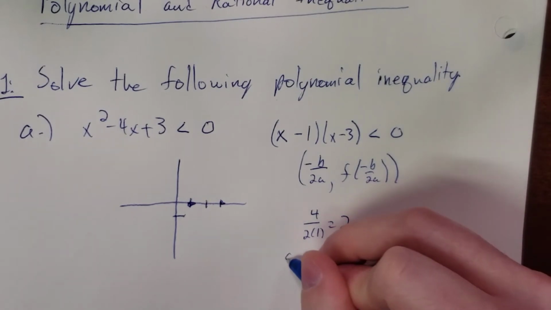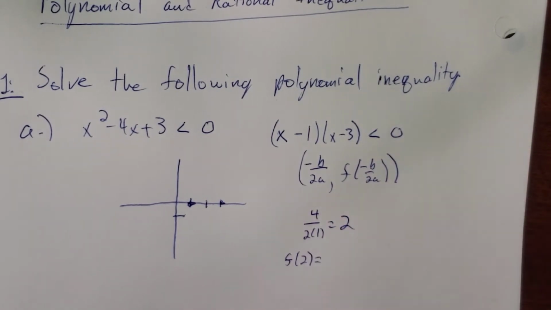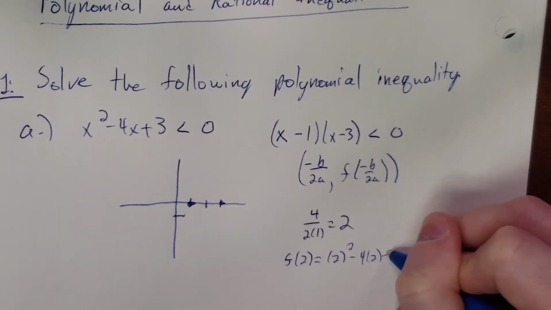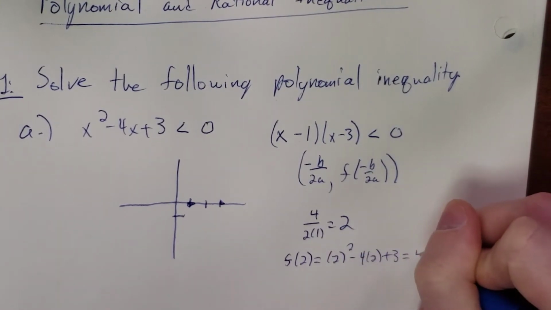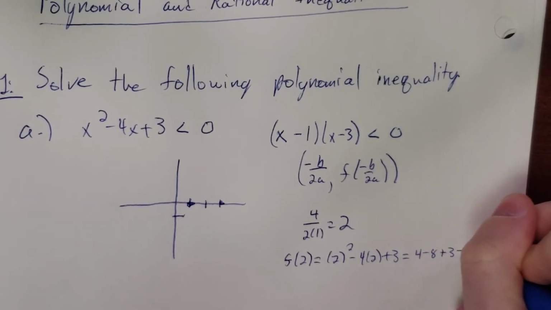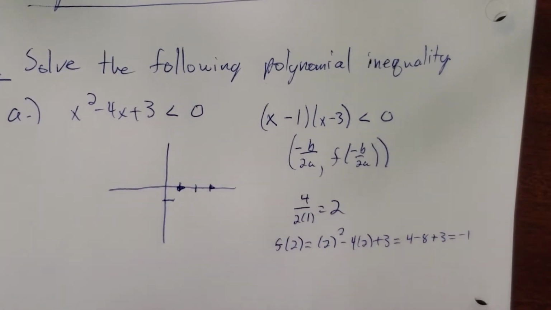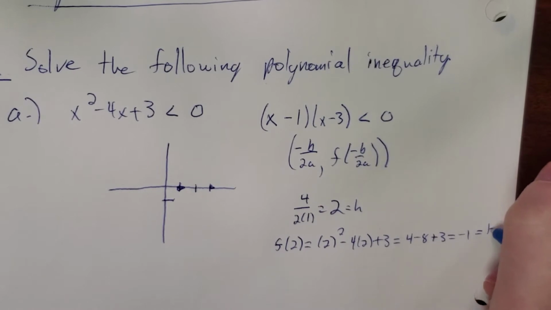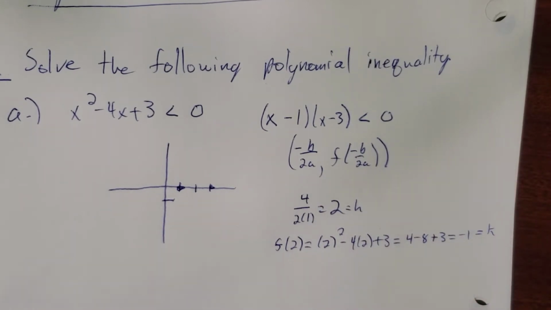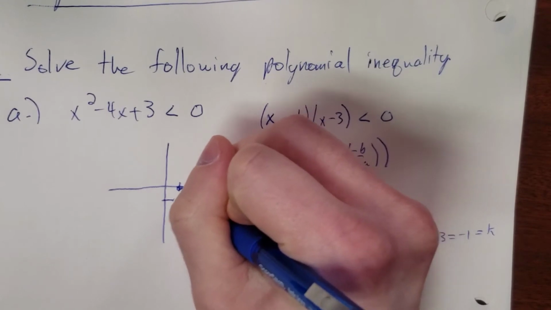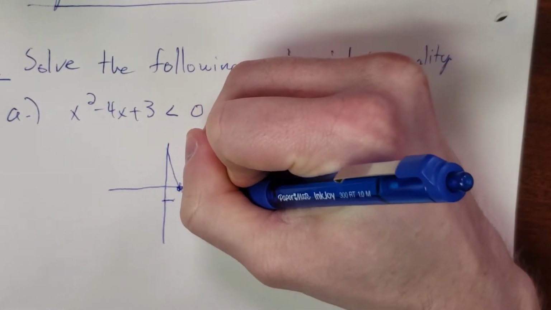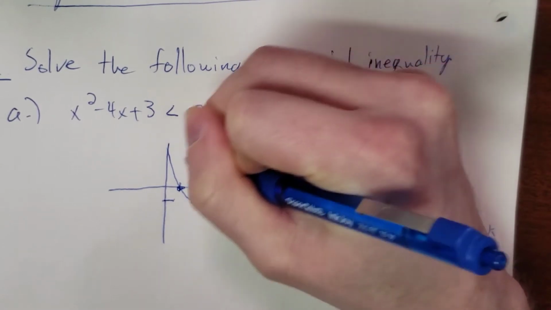And if we plug in 2 into the equation, so 2 squared minus 4 times 2 plus 3, this is 4 minus 8 plus 3 is negative 1. This tells us what the y value is. So x or h is 2, and y or the k value is negative 1. So 2, negative 1, our vertex goes here. Our graph of the function, our parabola, should look like this then.